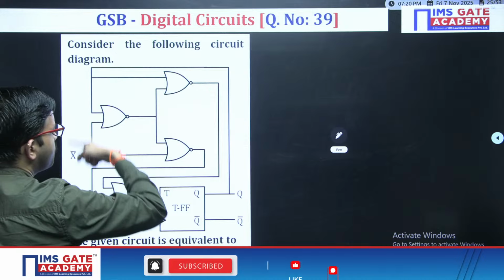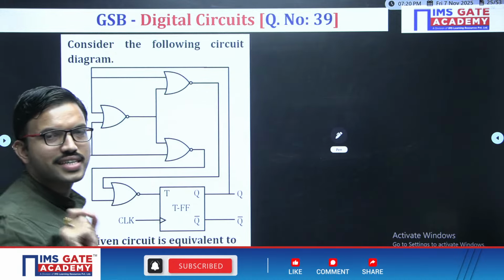This particular four NOR gates configuration is nothing but which logic gate?